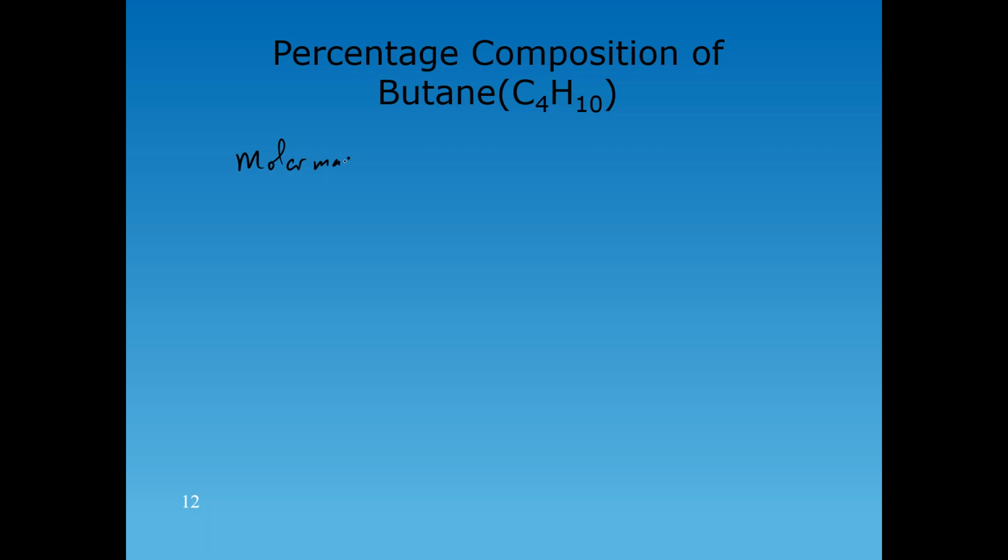So the molar mass of C4H10 would be equal to 4 times, for carbon, that's 12.01 grams per mole. And then to that, you add the total molar mass of hydrogen, which is 1.008 grams per mole, all right?